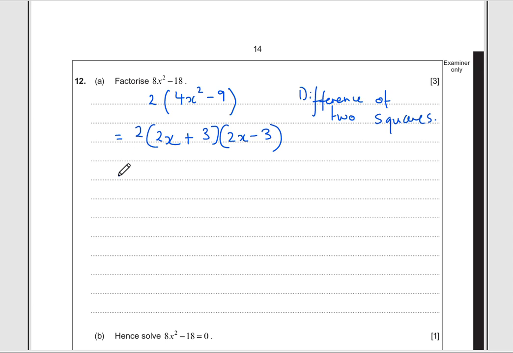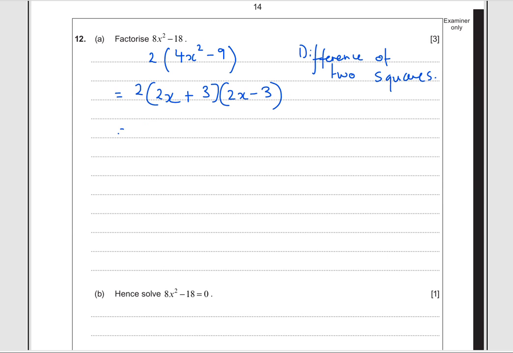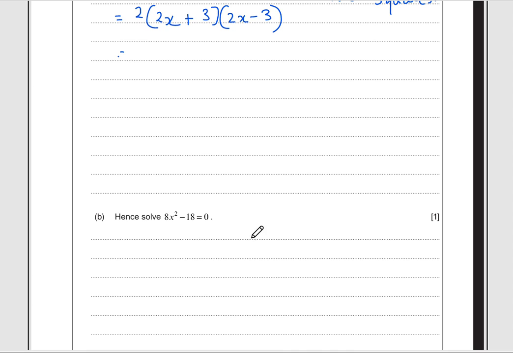Okay, so that's factorized. Part B asks us to hence solve this equation equal to 0. Let's take what we've just done.